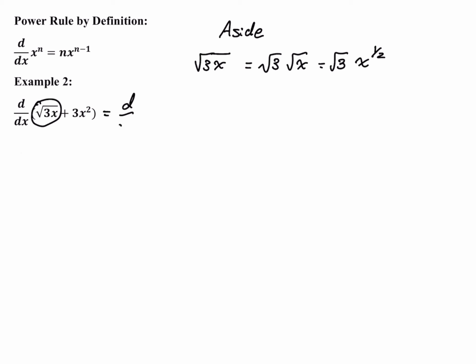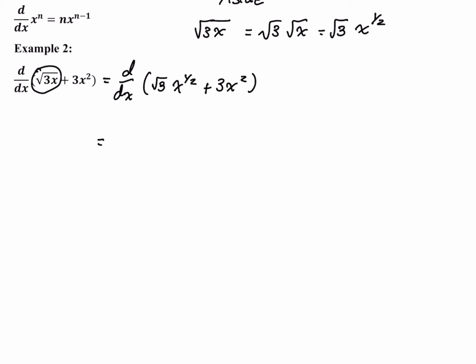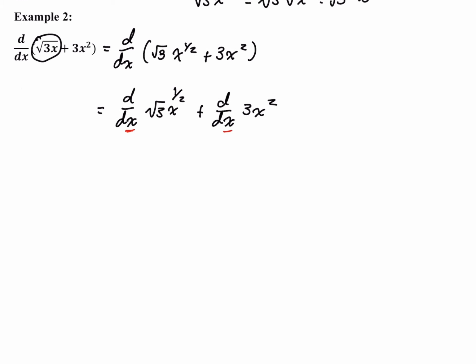We can do d over dx of radical 3 x to the 1 half plus 3x squared. Now let's rewrite this like we did in our first one, separate those terms. So d over dx of radical 3 x to the 1 half, plus d over dx of 3x squared.